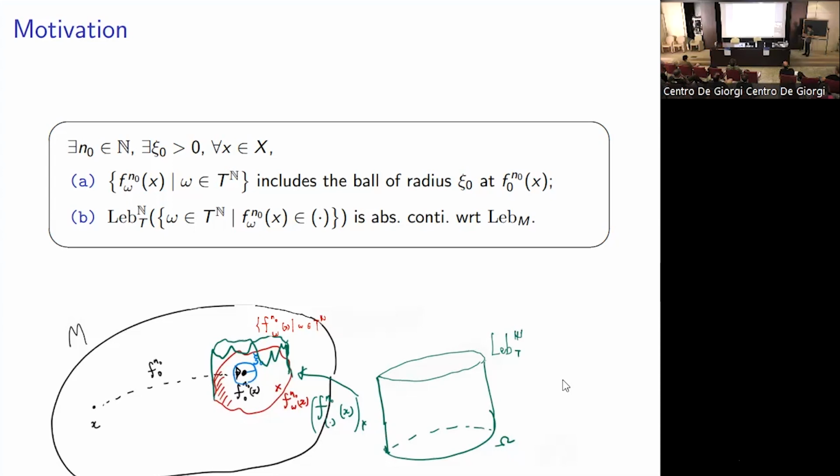You have a natural measure on the parameter space, an infinite product of Lebesgue measure, and you push it forward to this red region. Then assumption B is that this is absolutely continuous with respect to Lebesgue. For me, this looks very reasonable and a very useful theorem.